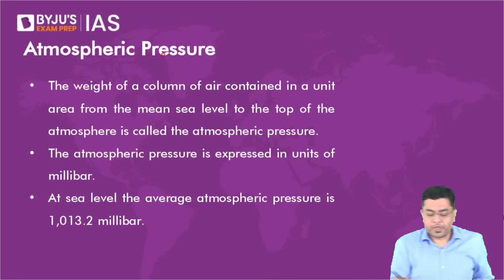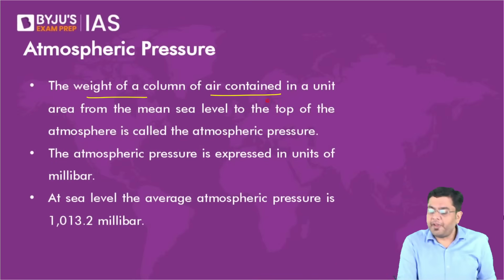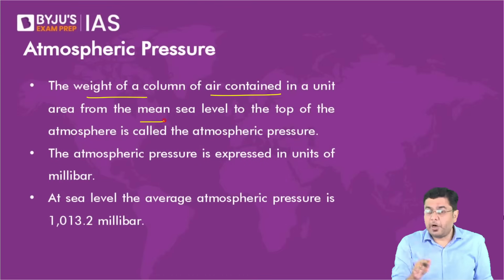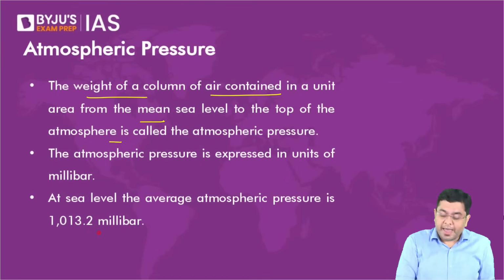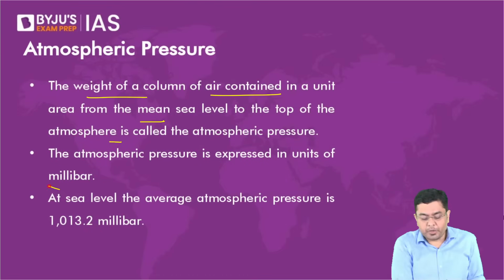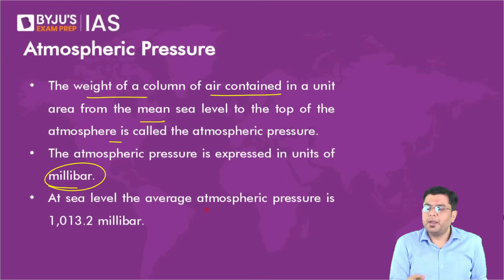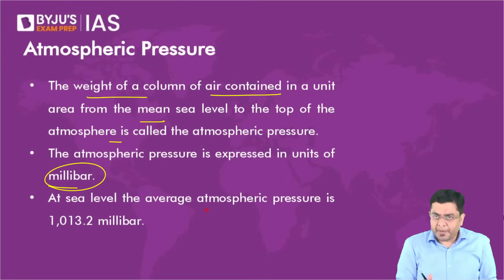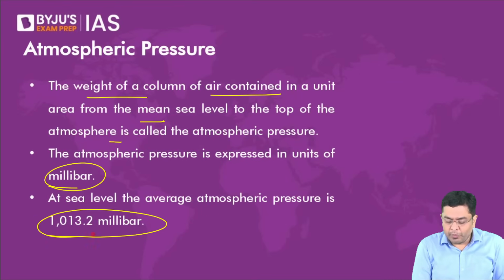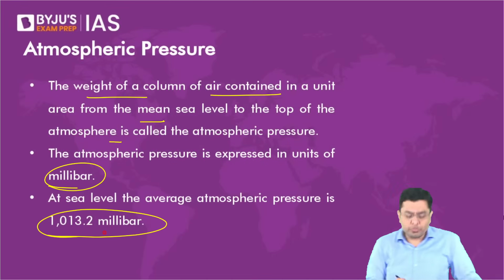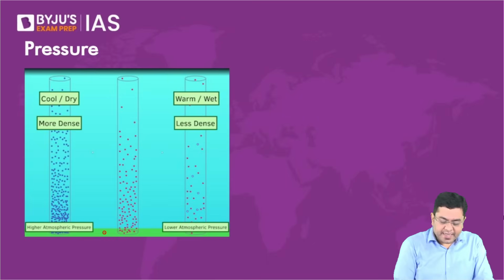So this is your definition of it. The weight of the column of air contained in a unit area from the top of the atmosphere to almost sea level, that is your atmospheric pressure. This is expressed in the unit referred to as millibar, and a normal average air pressure is around 1013.2 millibar.